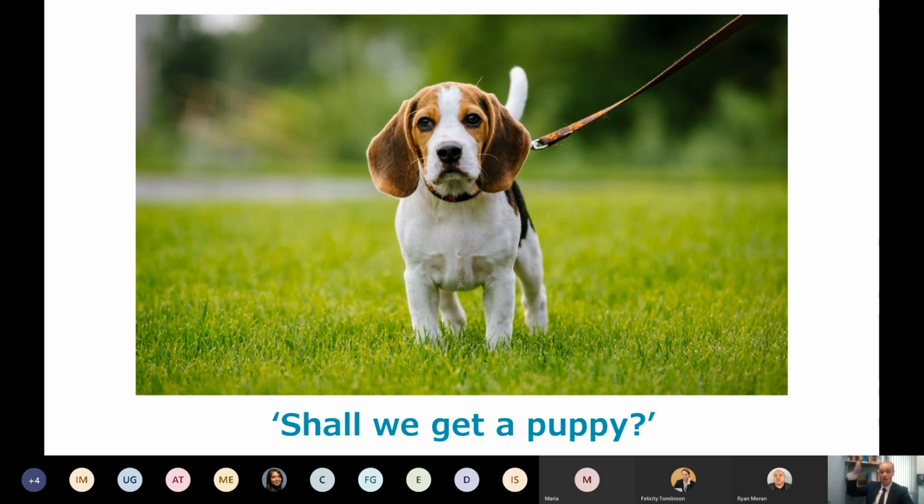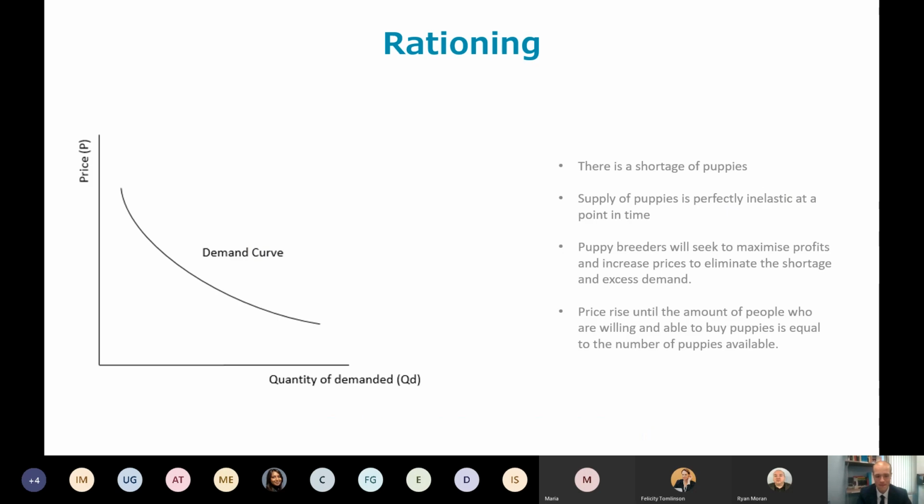And I've seen this myself on my Facebook feed. I've seen friends of mine, praising teachers and then asking where they can buy a dog that's immediately available.